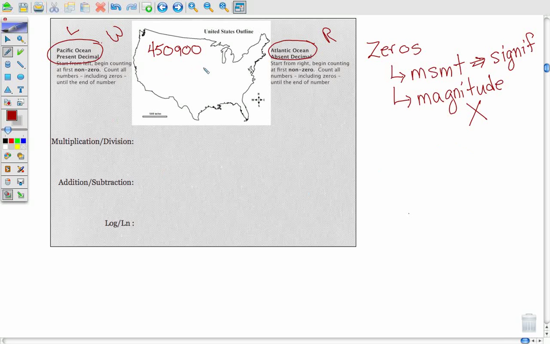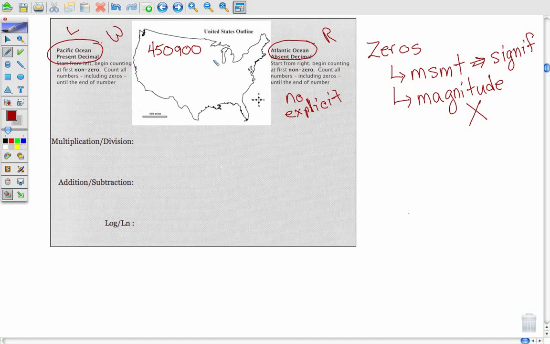So let's take a look at this number. Do you notice that there is no decimal point explicitly given in this problem? So when it's an absent decimal, there's no explicit decimal point. When that happens, we're going to start from the Atlantic or the right-hand side of our number and move from right to left.